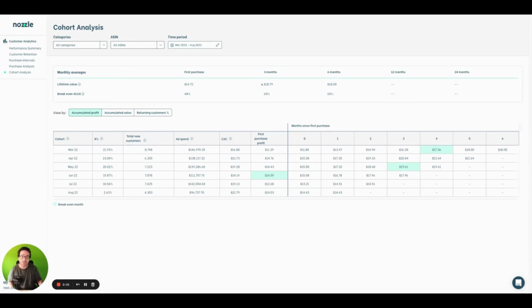And if you had to wait 3 months, that actually grows to $18.79, because, of course, some of those people are buying again within 3 months. How this number grows, going from 14.72 to 18.79, that jump is a pretty significant jump, and one of the numbers that we pay very, very close attention to. If you're jumping 15-20% or north of that within 3 months, that is a very, very healthy sign.